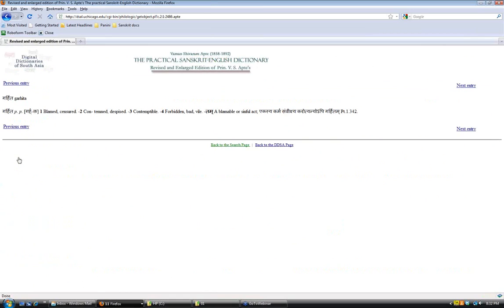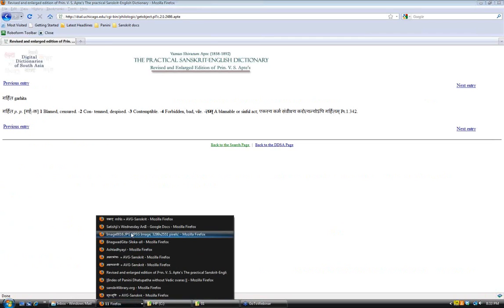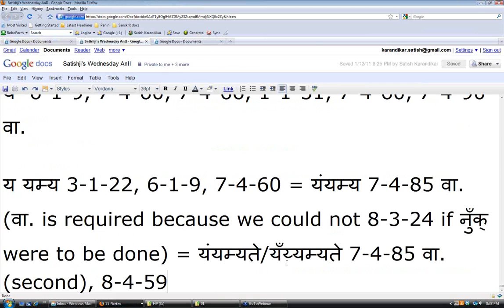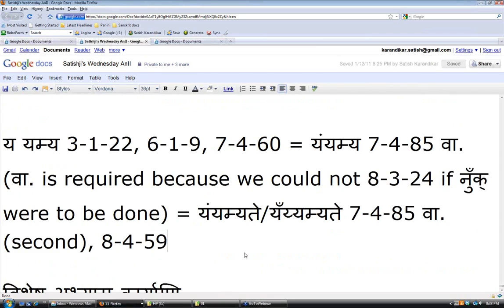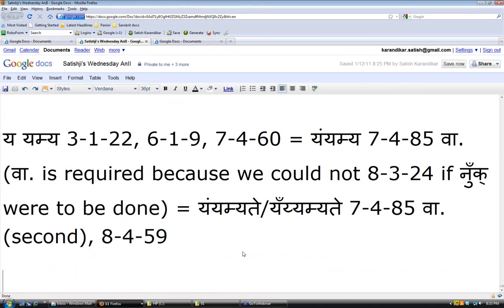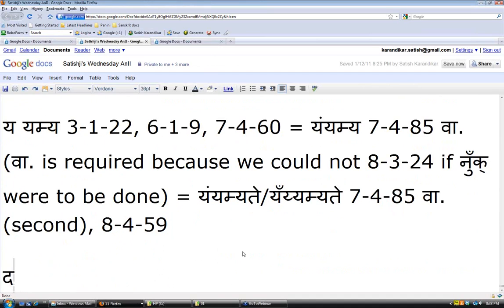Bhava garhayam. Okay. Now, dandayate, let's put this in the document. It's kind of an important form. So this next sutram, 7486, dandayate. Here also, I just put the form here, 7486. So dandayate is the nuk agamaha, and it is dandayate.